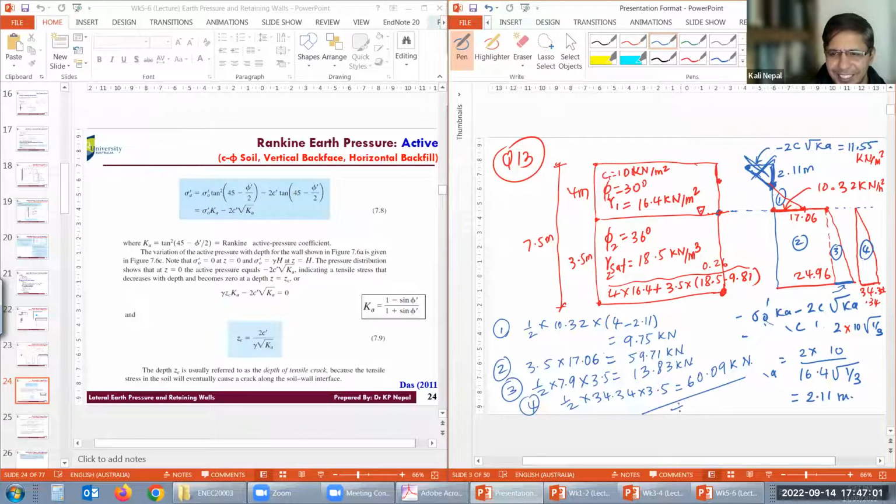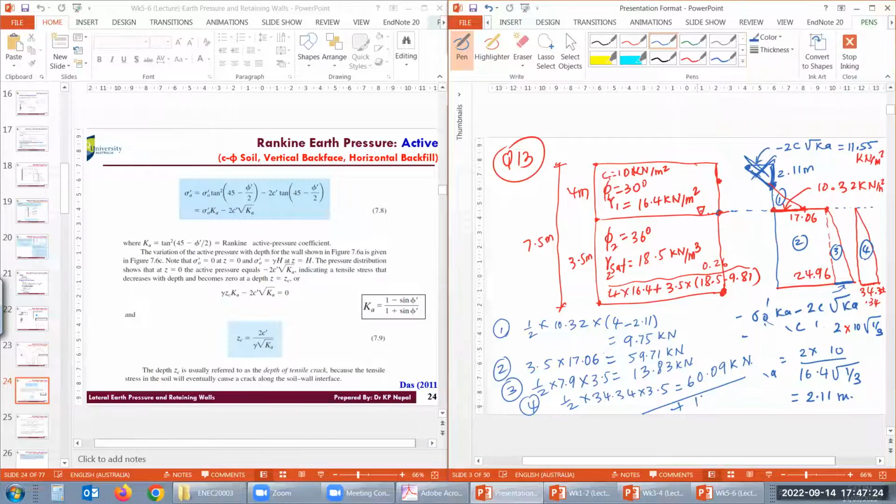Because this is the total active force in the wall, isn't it? 143.38.